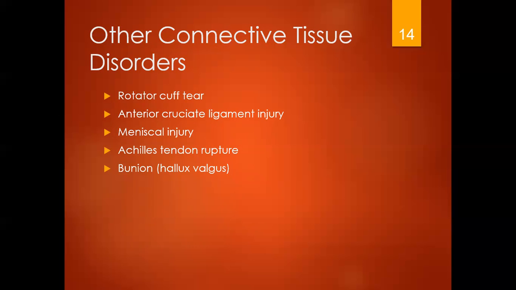So we've got a sports injury where we've overstretched it and it's ruptured, or a person's fallen from a tremendous height, like jumping out of a burning building or off a bridge, and they're landing on that heel bone. It can cause that Achilles tendon to rupture. If you have arthritis, diabetes, or you're on antibiotics, you're predisposed to that kind of injury.